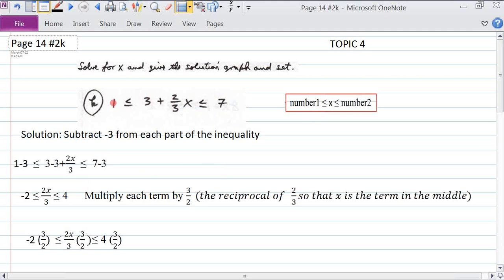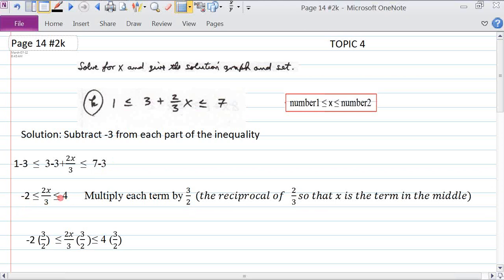Why do I want to do that? Because if I subtract 3 here, I'm going to get rid of this in the middle term, which is what I want. So 1 minus 3 would give me minus 2. 3 minus 3 would give me 0, so all I get is 2/3 x. And 7 minus 3 would give me 4. So I've shown that right over here: minus 3, minus 3, minus 3, and I come out with this.